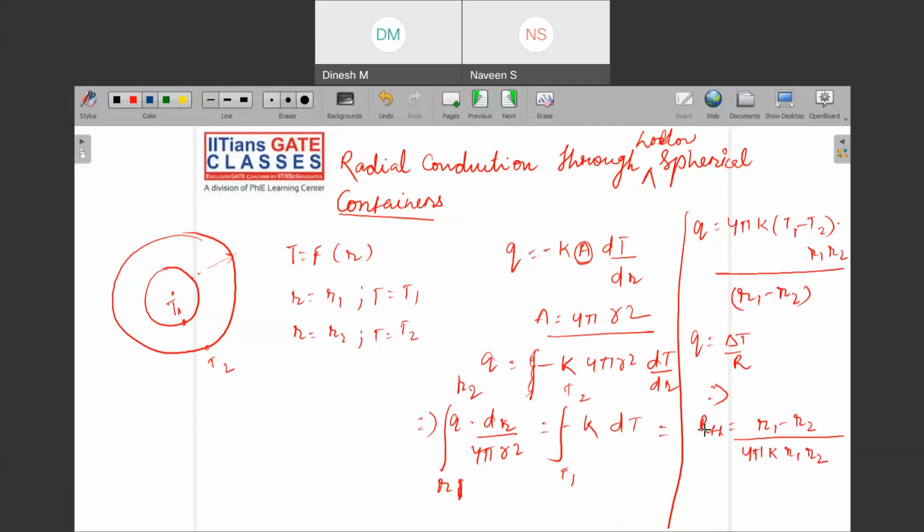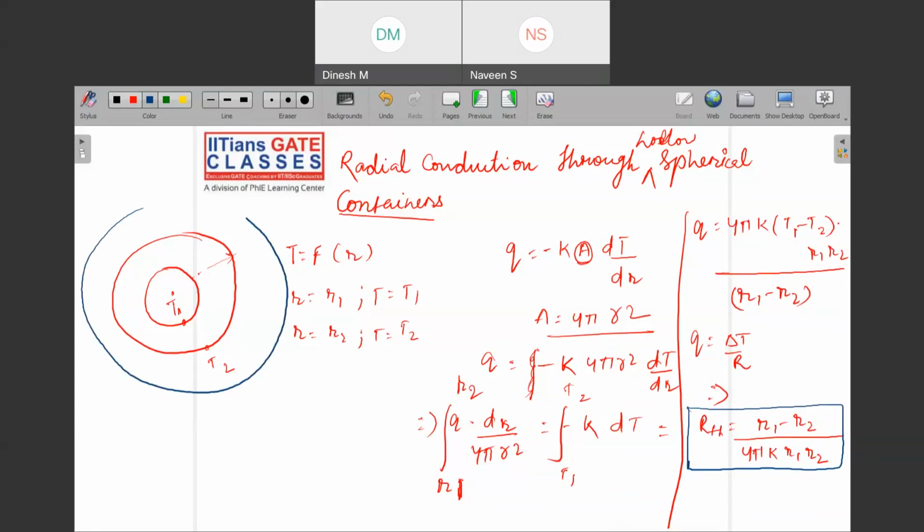Yes. So my thermal resistance in the case of spherical containers is (R1 minus R2) divided by 4 pi k R1 R2.